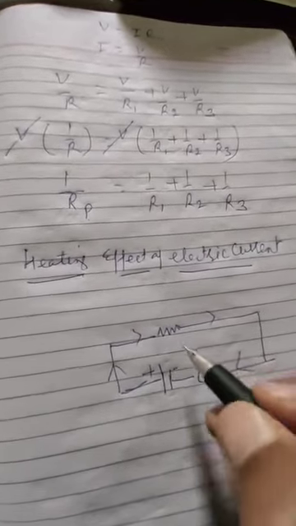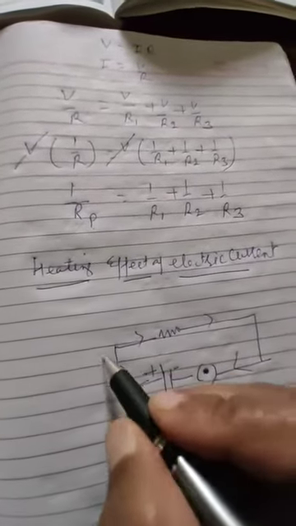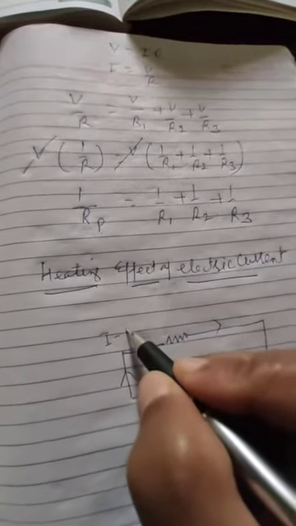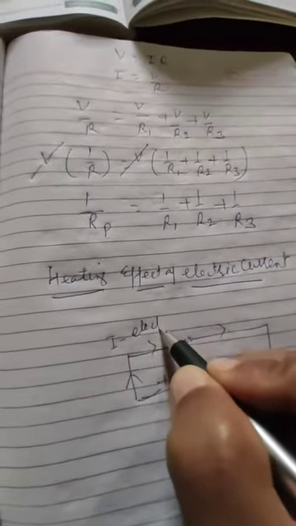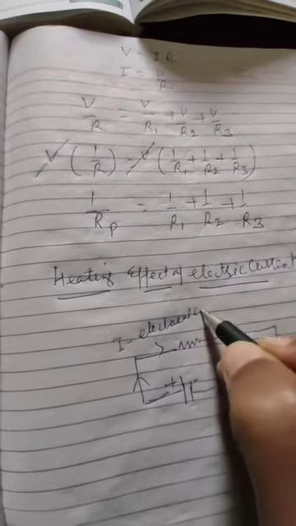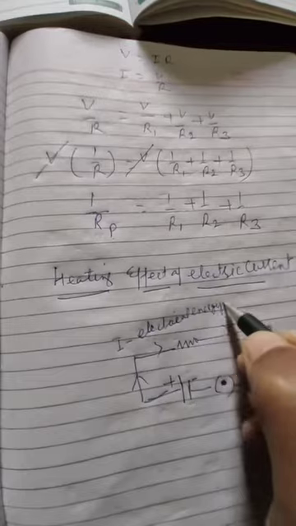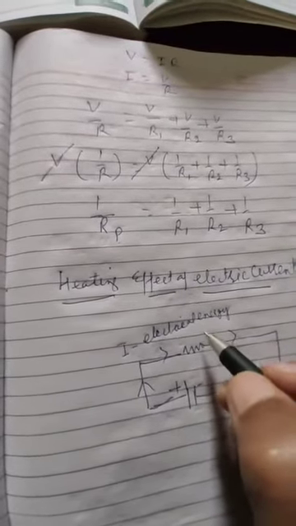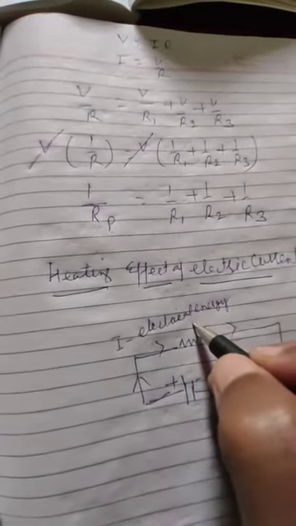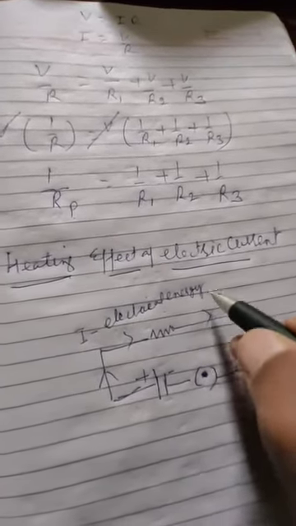Clear? So students, when the current flows through the wire, it possesses electrical energy. Now due to resistance, some of the electrical energy changes into heat energy.